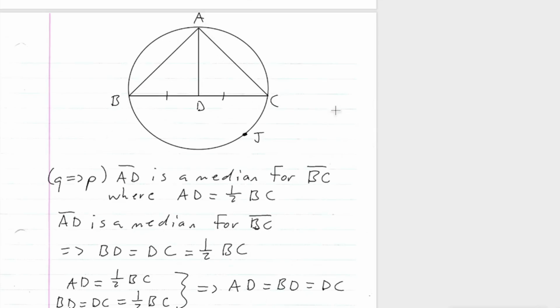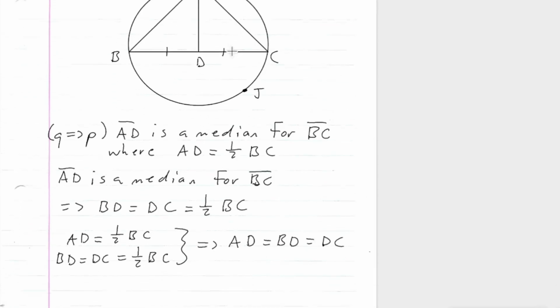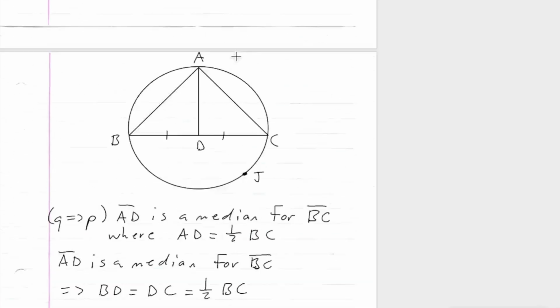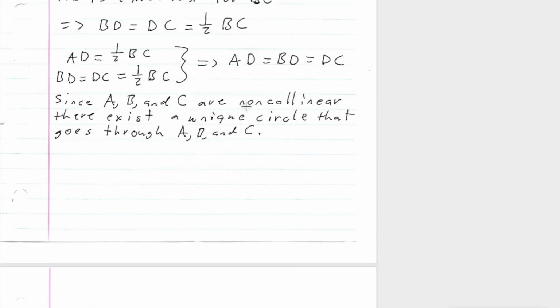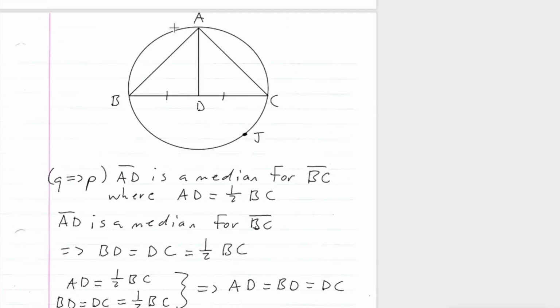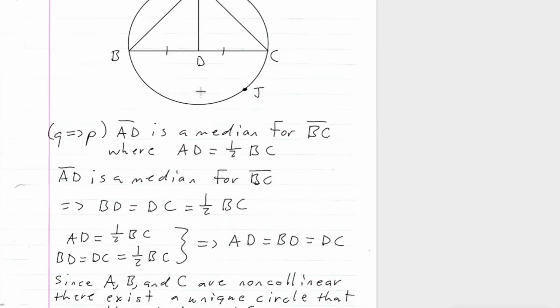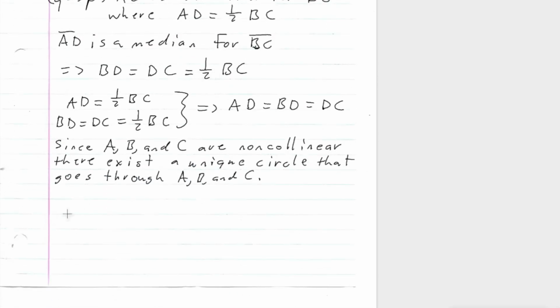So of course, if we were to draw a circle around these points, we can use the same theorem as before. Since A, B, and C are non-collinear, there exists a unique circle that goes through A, B, and C. So since there's a unique circle that goes through A, B, and C, and BD is equal to DC, which is equal to AD, that implies that D is the center of the circle.